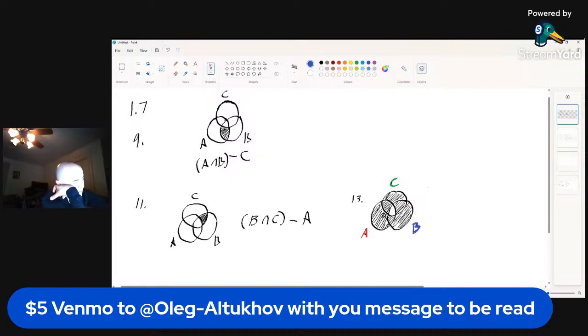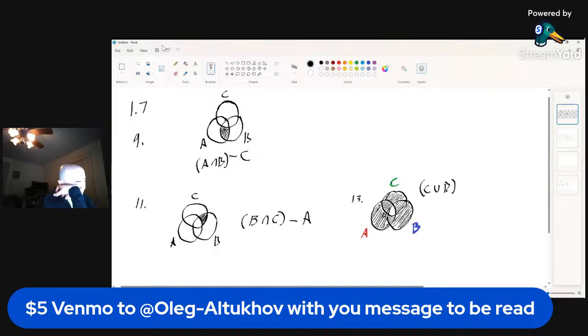So, if we say C union B, that would be all of this stuff. But we're going to say this, but it can't be in A. Okay. So we could either subtract or invert.